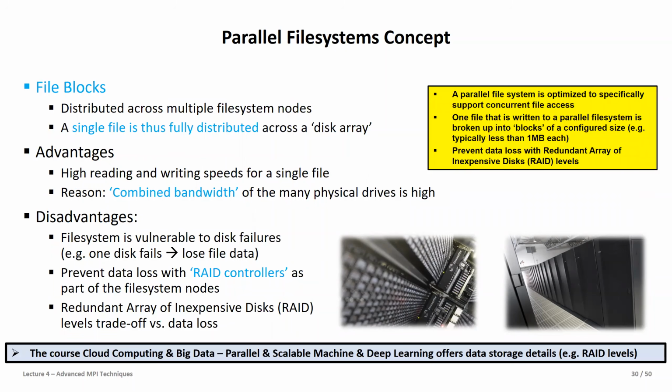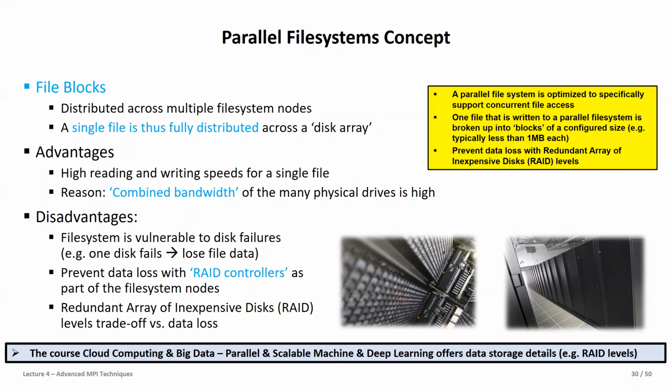So the parallel file system, in one idea, is something which supports the parallel processing, but is a very specific file system. It is basically thinking more about file blocks, building on a different idea of a file that is spread across multiple file system nodes.